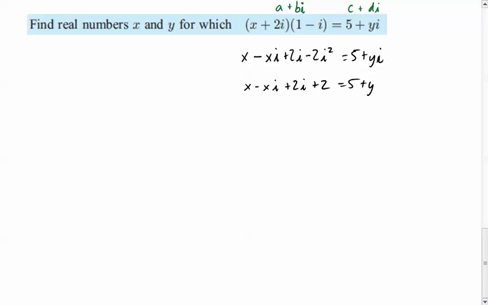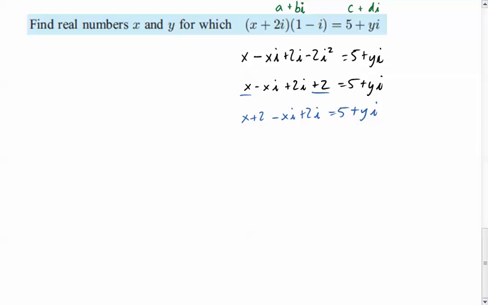Now what I'm going to do is I'm going to rearrange this a little bit because I want the real pieces together and the imaginary pieces together. So I'm going to rewrite it. I'm going to go x plus 2, so that's the x plus 2, and then I'm going to go minus xi plus 2i equals 5 plus yi.